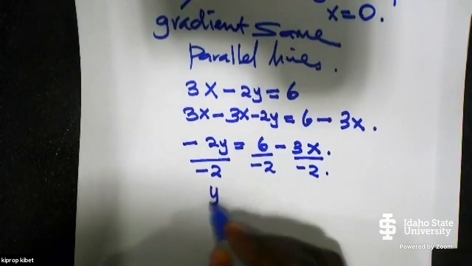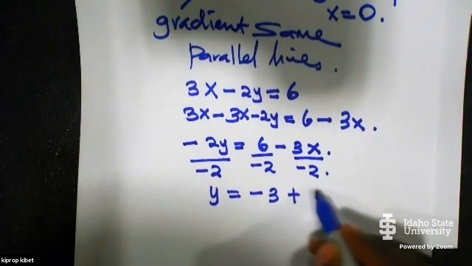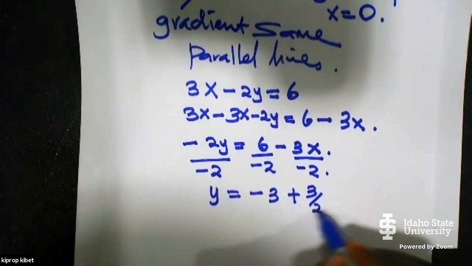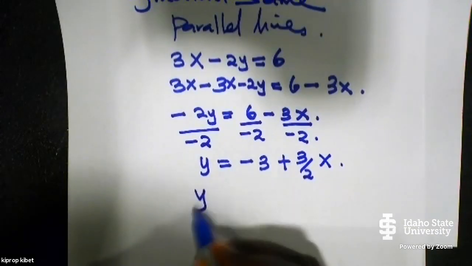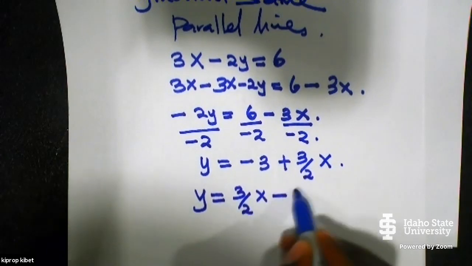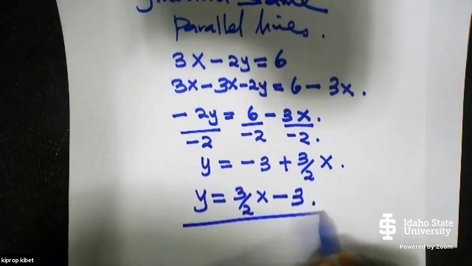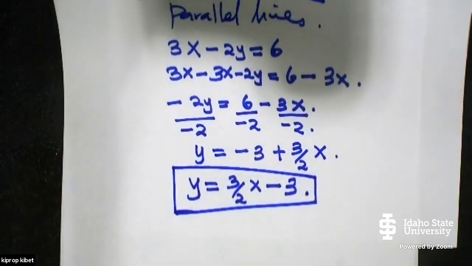So y equals minus 3 plus 3 over 2 x. So you can write this as y equals 3 over 2 x minus 3. So that is our first equation.